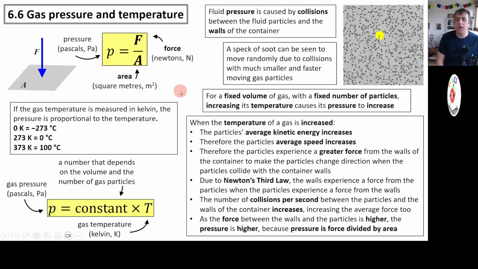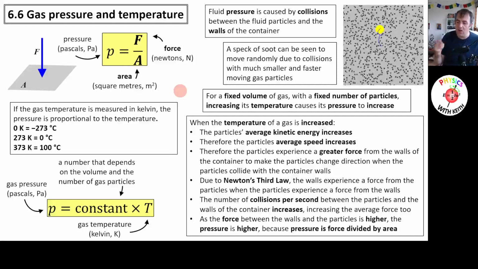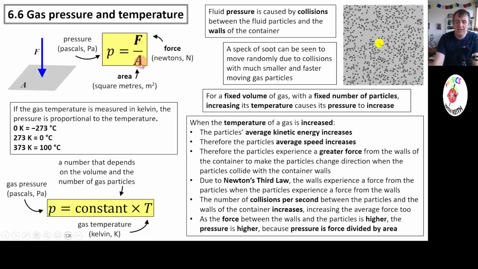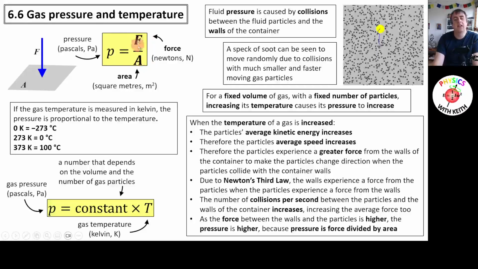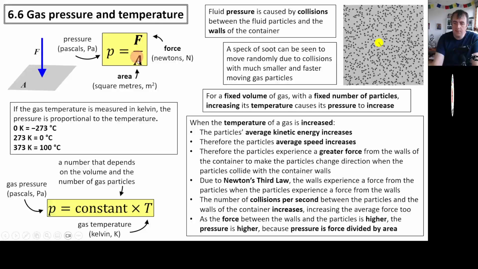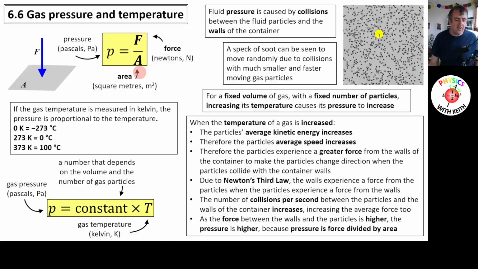Now, a very minor thing, remember my little comment I made in a previous video about bold letters. Bold letters indicate vectors. So force is a vector, it has a direction. But so is an area a vector. It has a direction.